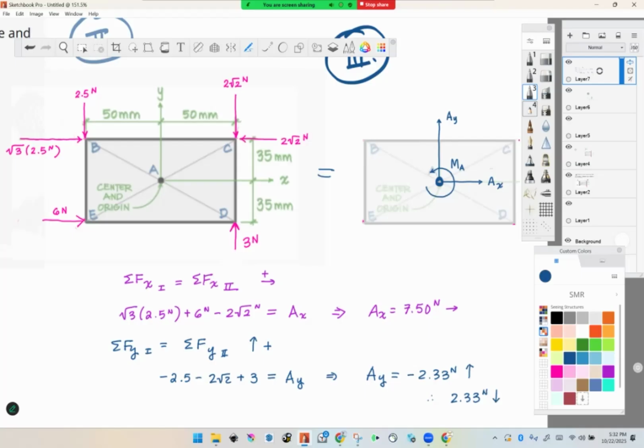And I can't remember whether the question asked you for the resultant force or not. So if I wanted to make this into a resultant force, I would just say A x squared plus A y squared, and then take the square root of that if I wanted to turn that into a single resultant force. I'll leave it in components here just for now. Okay, the final operation is the fun part, so we can do our moments.